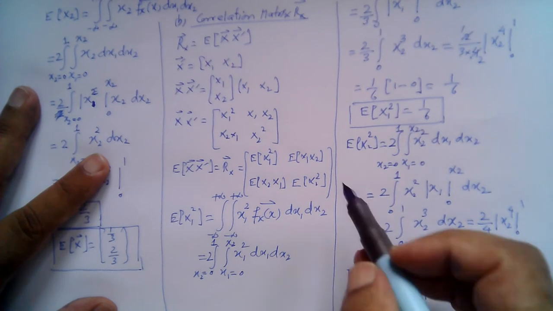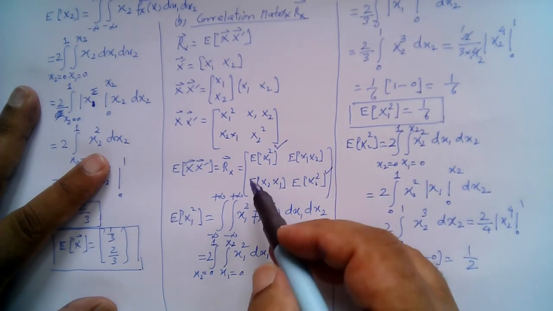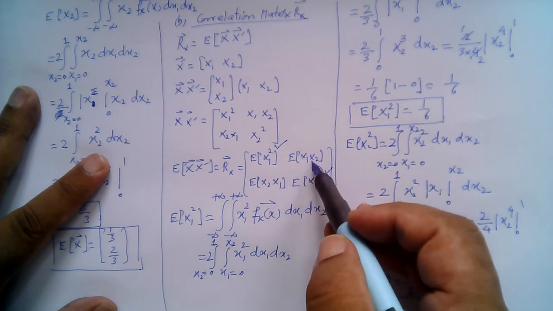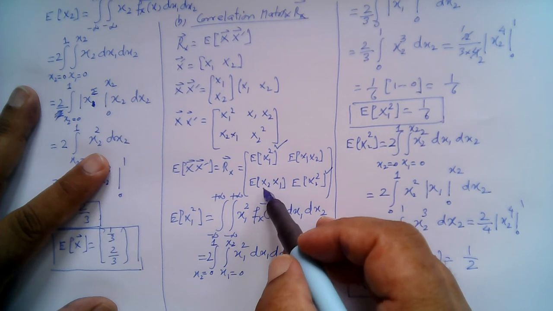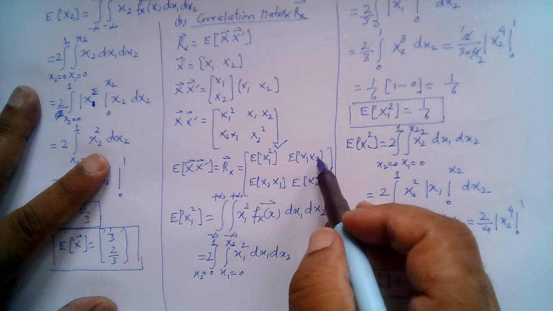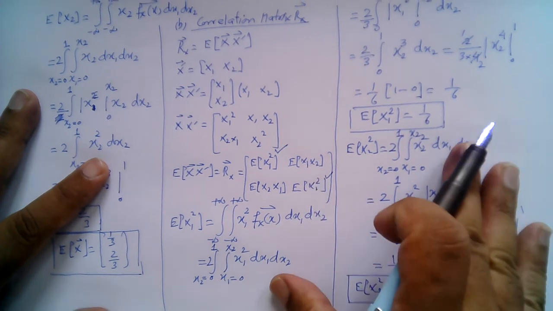So we have determined this entry and this element also of the correlation matrix. We are left with the expectation of x1 x2 and expected value of x2 x1. This element is basically the correlation of the random variables x1, x2, right?